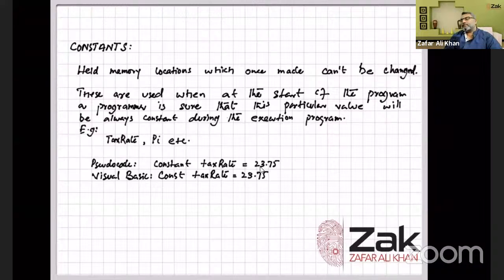If after 1 year the value of tax rate is changed, we just go to the top of the program and change it, and it will be reflected throughout. Yes, that is true. That constant in actual means is not required sometimes. That is why languages like Python do not have any command for constants.